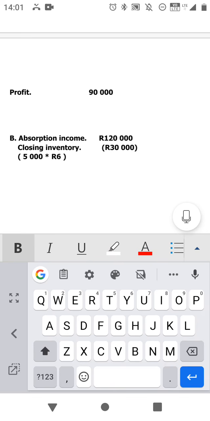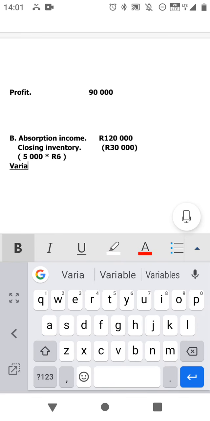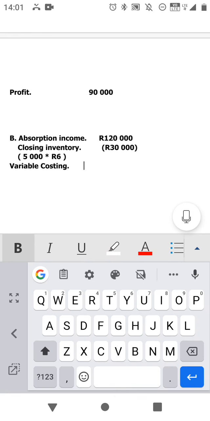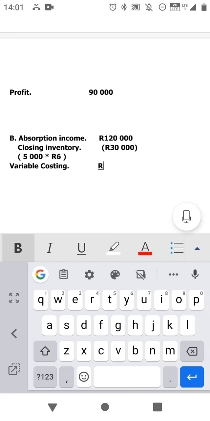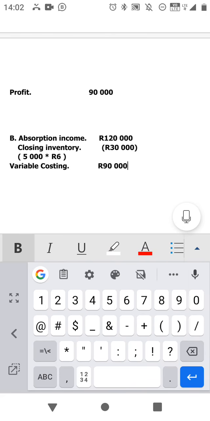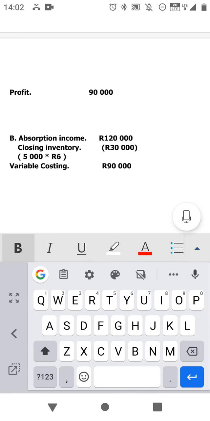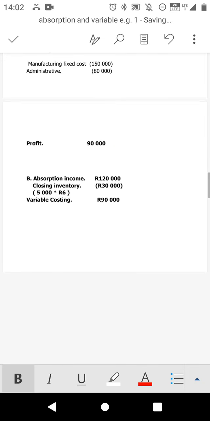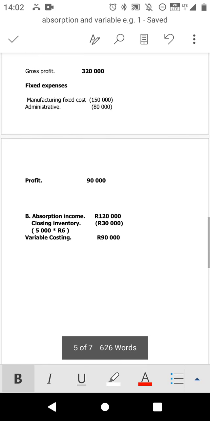It must give us the variable costing. 120 minus 30 gives us 90,000, which means that the reconciliation is correct. Our method is correct. Once you get the correct reconciliation, you have to know that your two statements are correct.